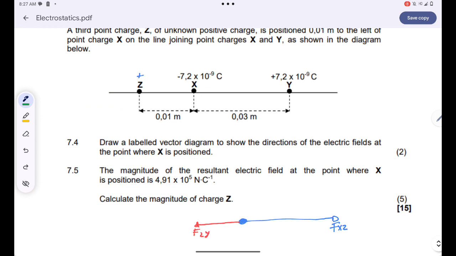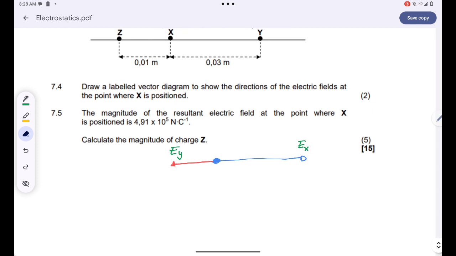So that means I'll have EY over there, the electric field due to sphere Y, and then EX over there, the electric field due to sphere X. Are you together? So you could have drawn your free body diagram like that.